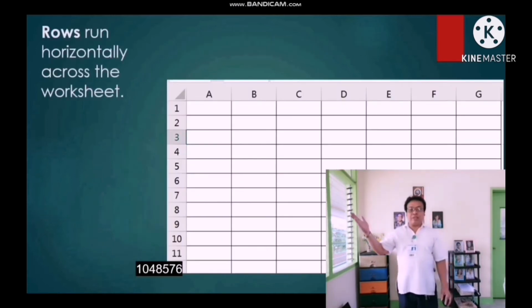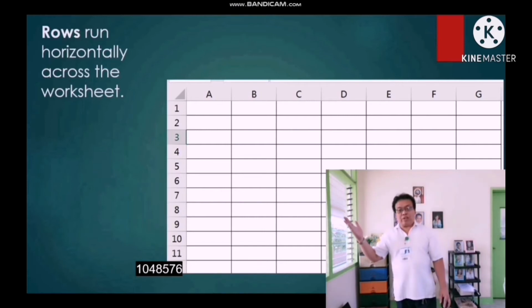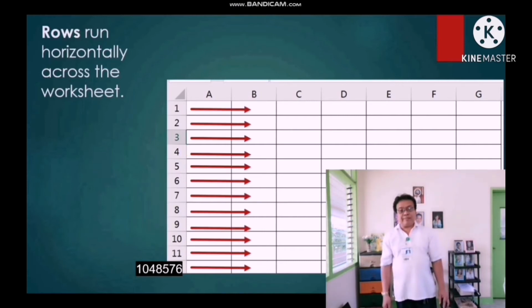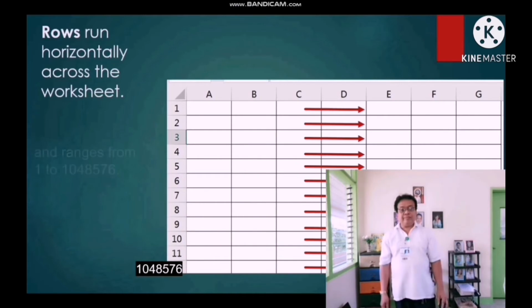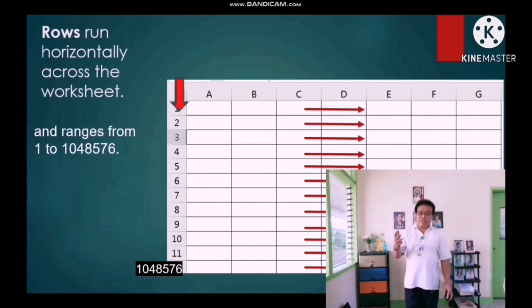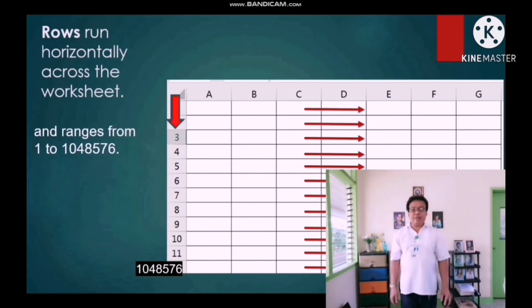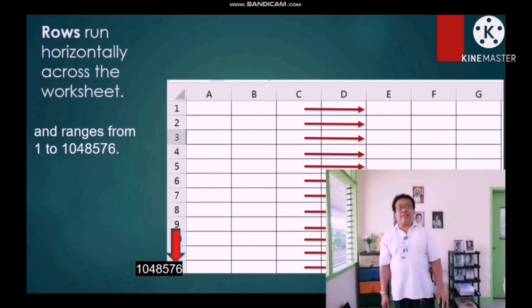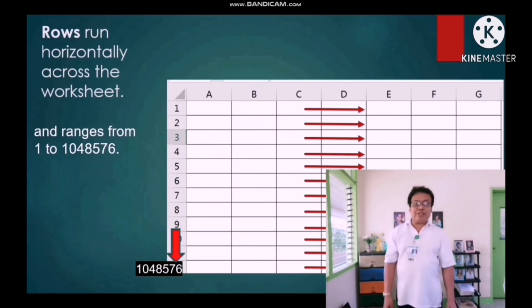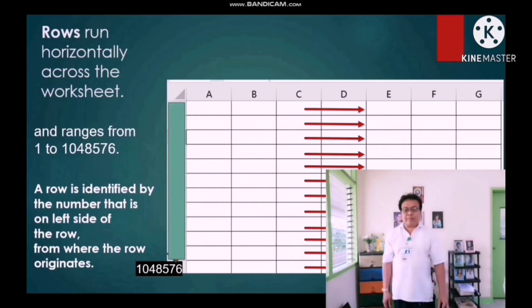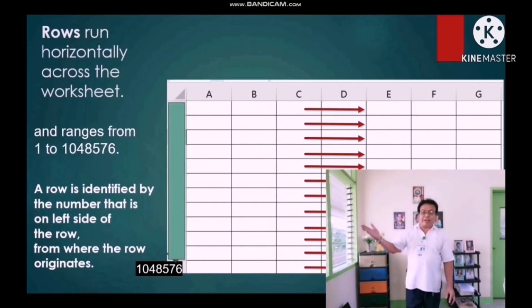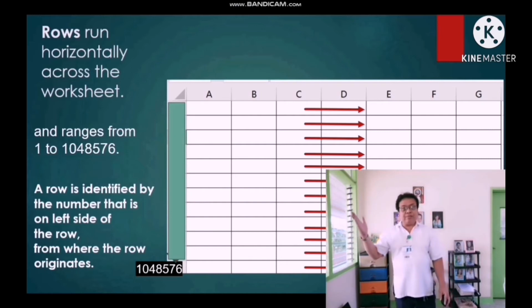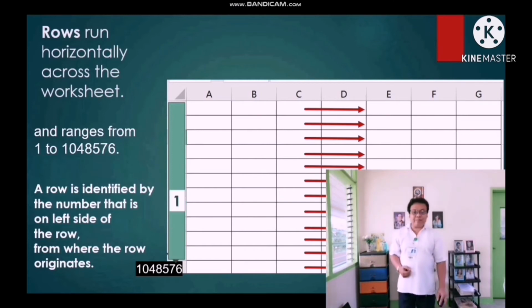Rows run horizontally across the worksheet and range from 1 to 1,048,576. A row is identified by the number that is on the left side of the row from where the row originates. I will give you an example.